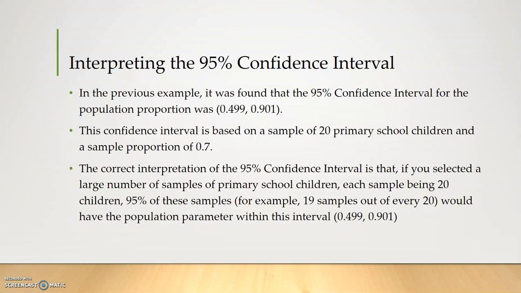The correct interpretation is that if you selected a large number of samples of primary school children, each sample being 20 children, 95% of these samples, for example, 19 samples out of every 20, would have the population parameter within this interval of 0.499 to 0.901.